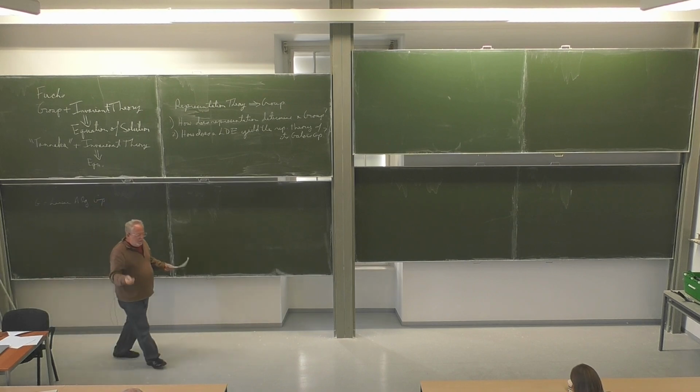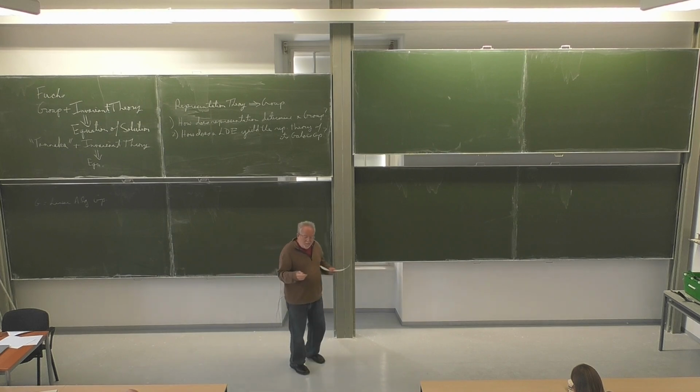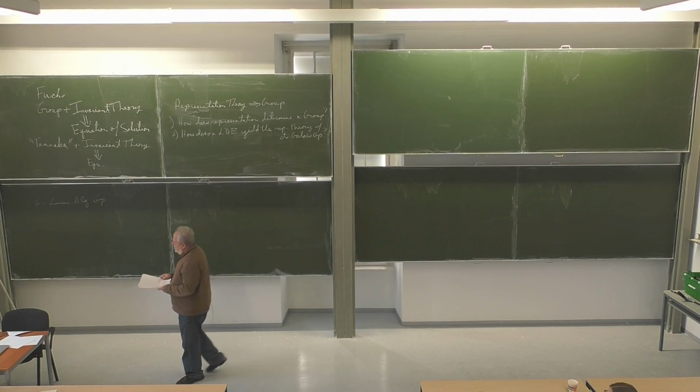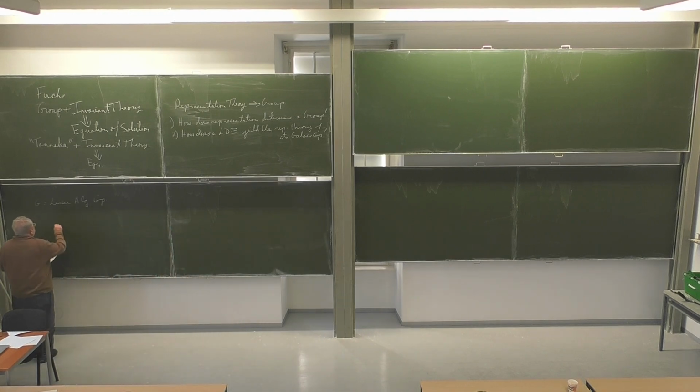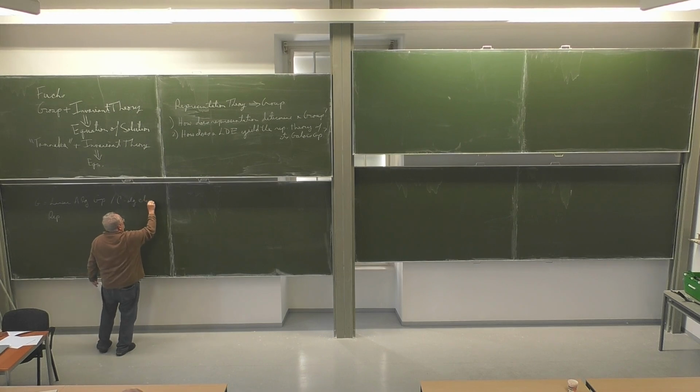Think of it as a group of matrices somewhere that are determined by polynomial equations in n-squared variables. And this is defined over C, some algebraically closed field.